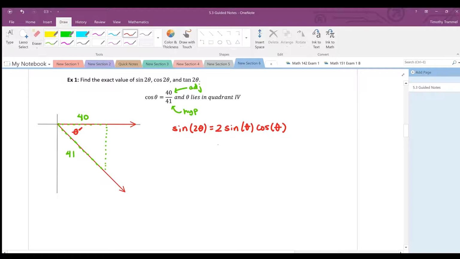Okay, and then if we take a look at the triangle here, then sine of theta is going to be opposite over hypotenuse, but we'll have to think about the sign. Okay? And by sign, I mean positive or negative. But we'll get there. We need this side here first.